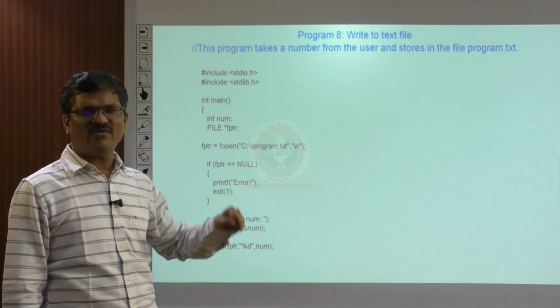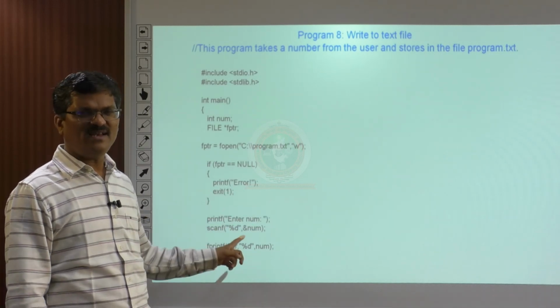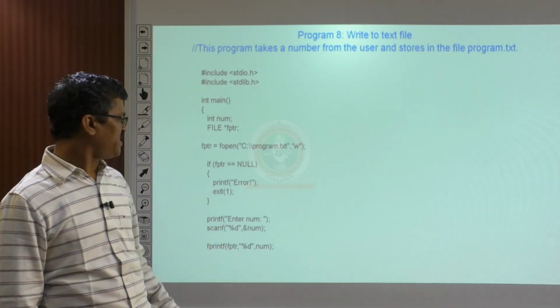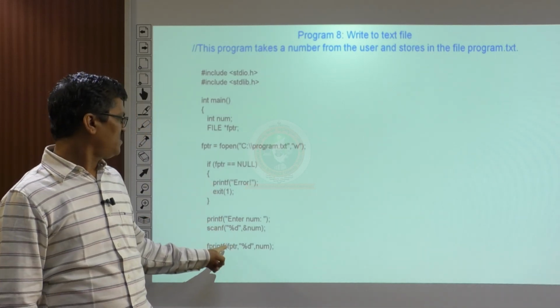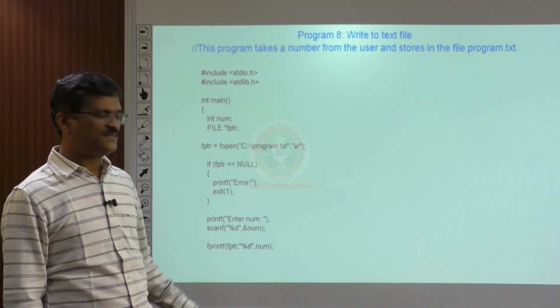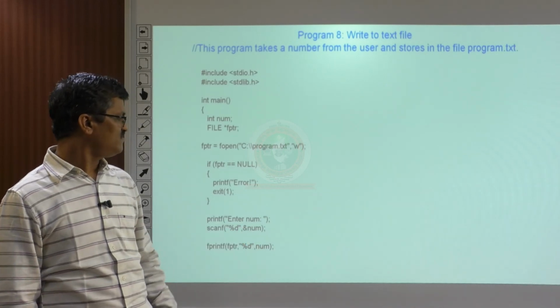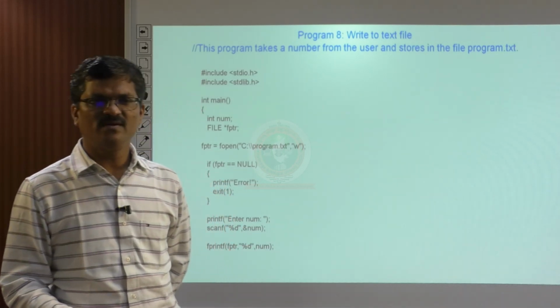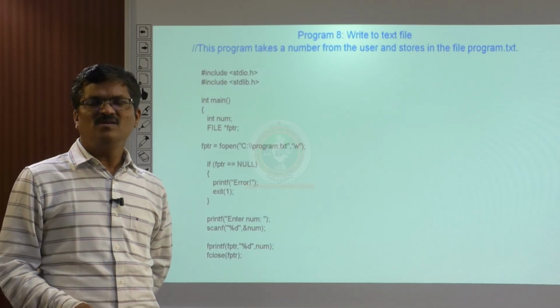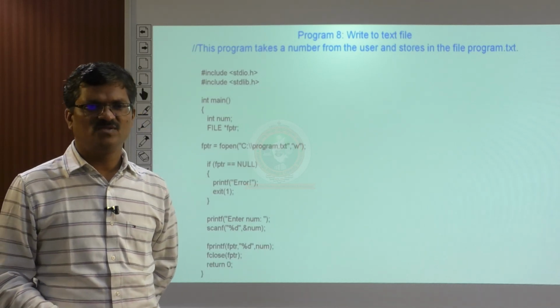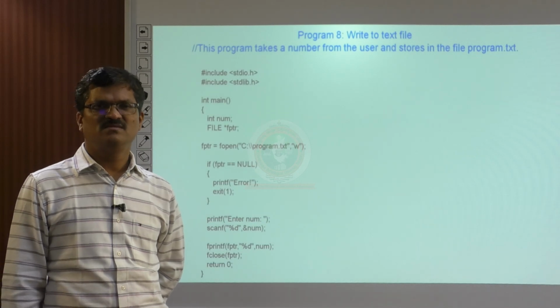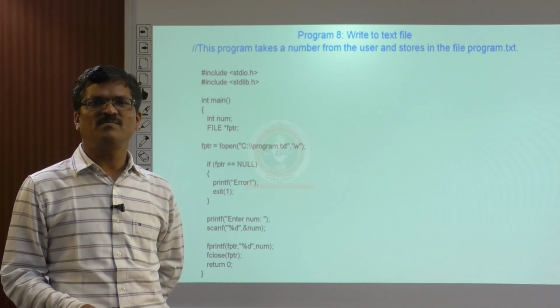You take the value from the keyboard and then write it to the file using the fprintf command: fprintf, fptr, and the value num. Then you close it. This is how we write something to the file called program.txt.